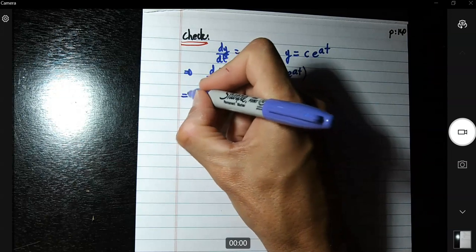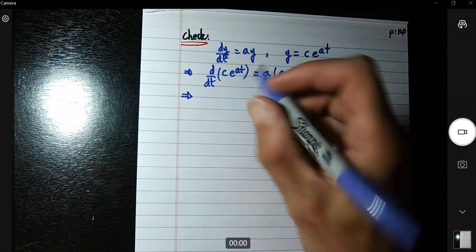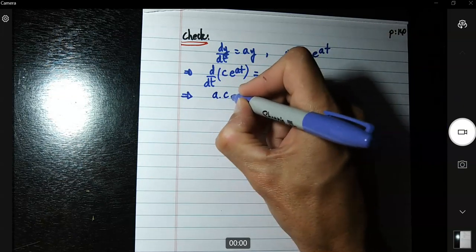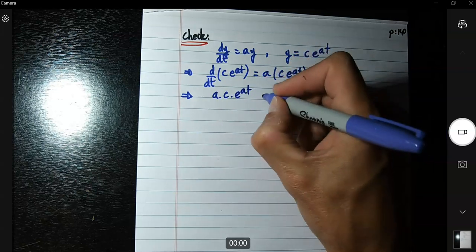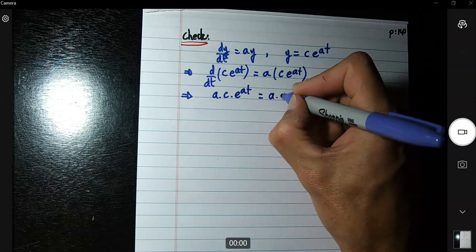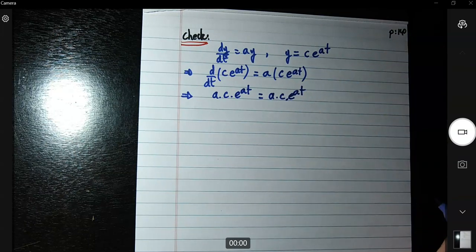From here you can see right away that if you take the derivative of the exponential function, you will have a times c exponential at, and this will be equal to a times c exponential at. So you see that this checks.